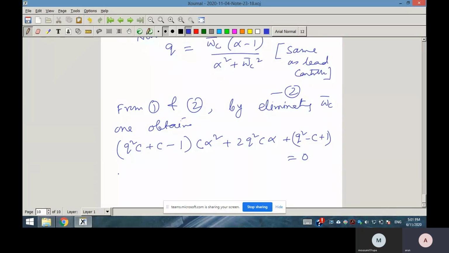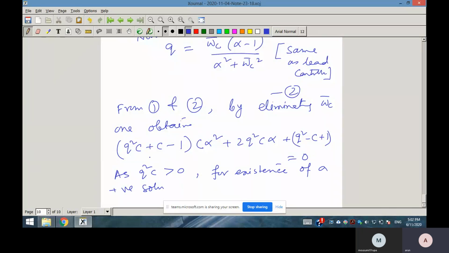Here also, as with the lead controller, as q square c is greater than 0, what is the condition for existence of a positive solution?